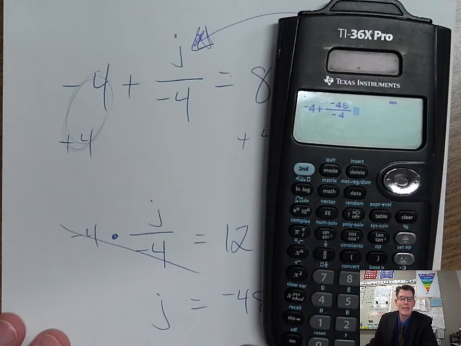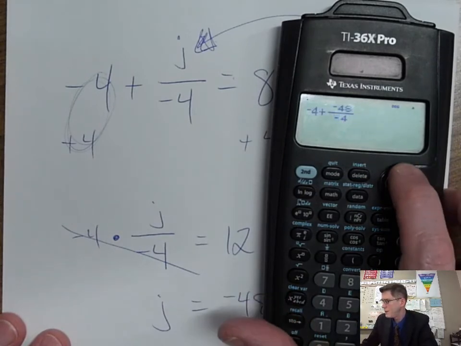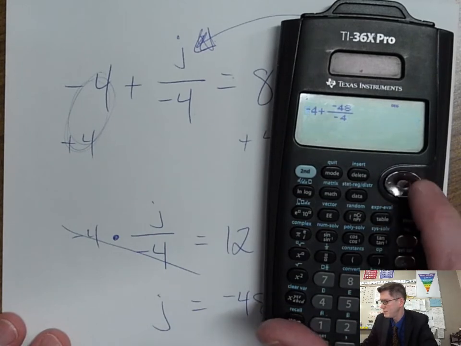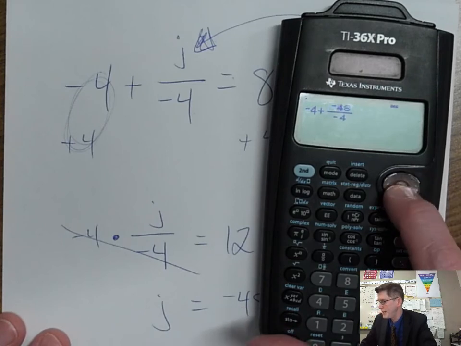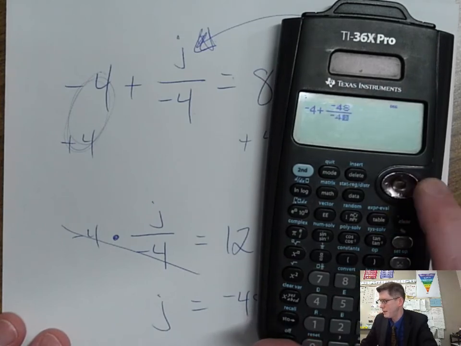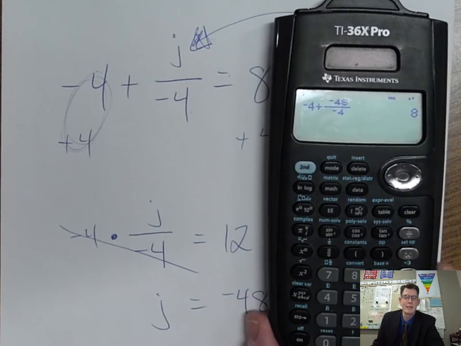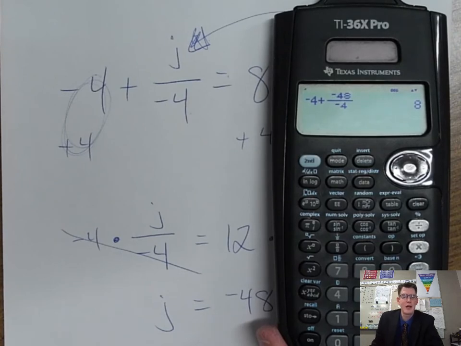Is that going to equal 8? Oh, Larson. Did I push a minus on one of these? So I pushed a minus somewhere. There you go. So yes, we checked our answer. Yes, we got it right.